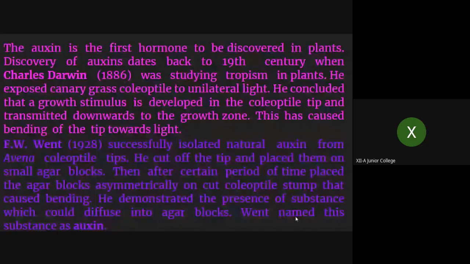He cut off the tip and placed them on small agar blocks. Then, after a certain period of time, he placed the agar blocks asymmetrically on cut coleoptile stem, which caused bending. He demonstrated the presence of a substance which could diffuse into agar blocks and named this substance auxins.